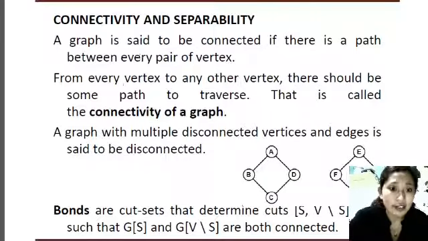That is a connected graph, and the path that is used is called connectivity of the graph. Now, if the graph is such that between some two vertices it is not possible to traverse, then the graph will be called a disconnected graph. A bond is nothing but the cut set, that set of edges which will divide the entire graph into two components.